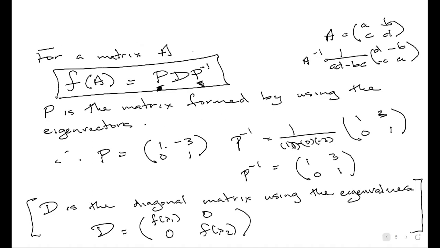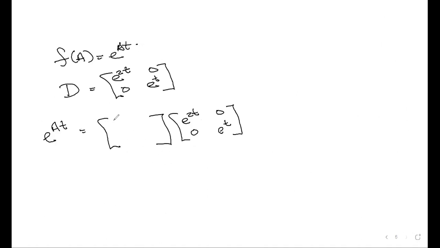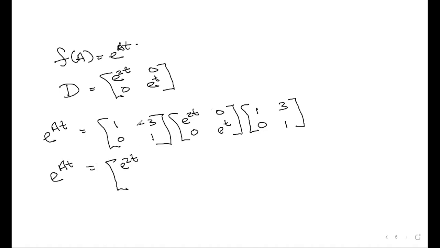Let me look at what P is here again. It is 1, 3, negative 3, 0, 1. This is 1, -3, 0, 1. And over this side it is 1, 3, 0, 1. So for e to the At, we're just going to multiply with this. 1 times e to the 2t is e to the 2t. 3 times 0 is 0. 1 times 0 is 0.